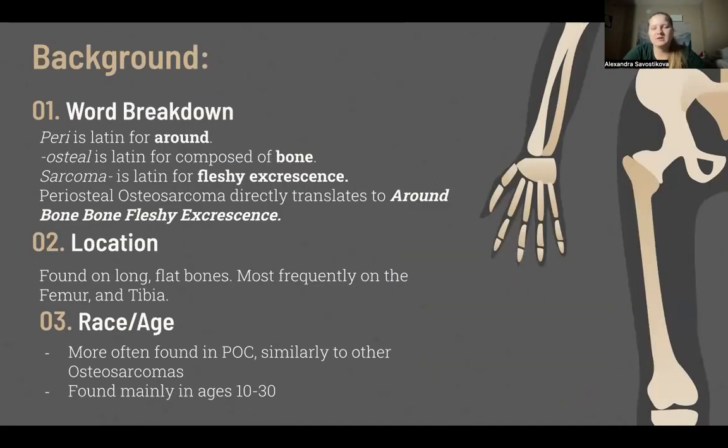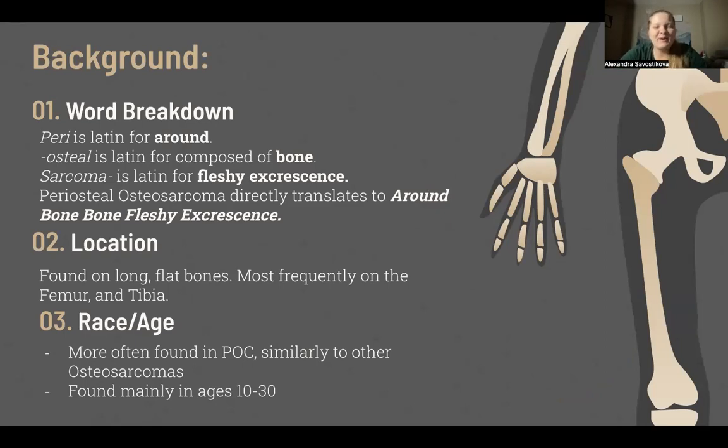So a little background. Just like Dr. McFarland does in our class, I'm going to break down the Latin and a good way to remember the cancer itself. Peri is Latin for around. Osteal is Latin for composed of bone. Sarcoma is Latin for fleshy excrescence.